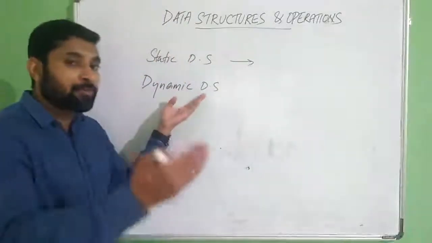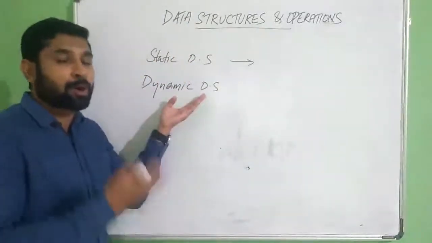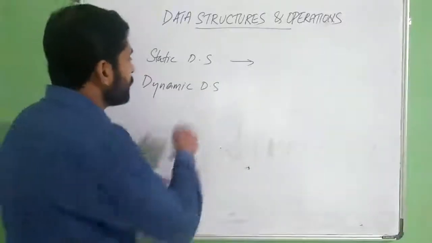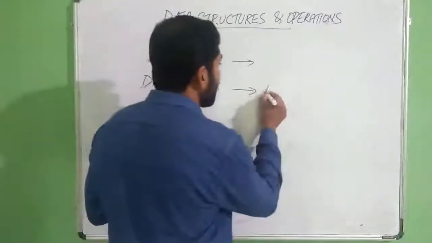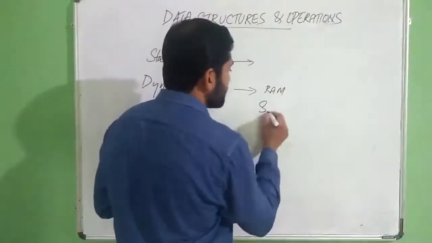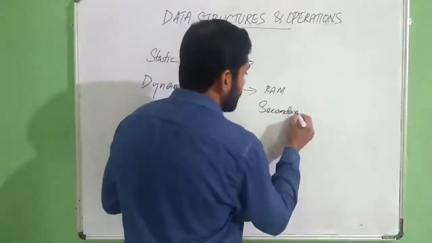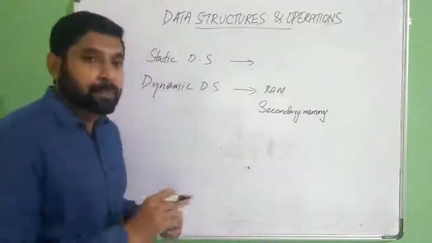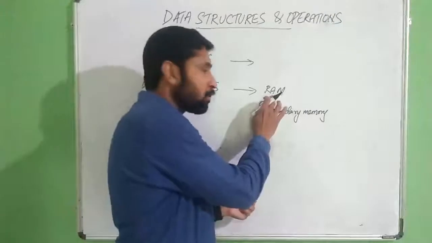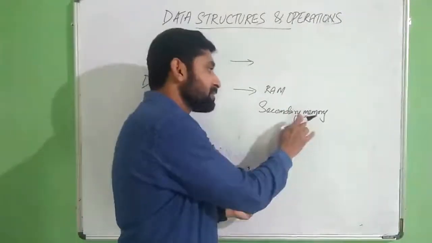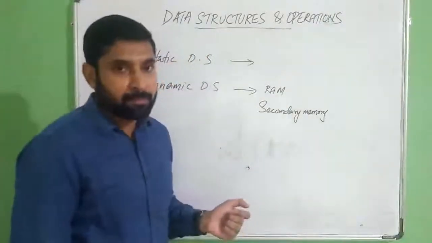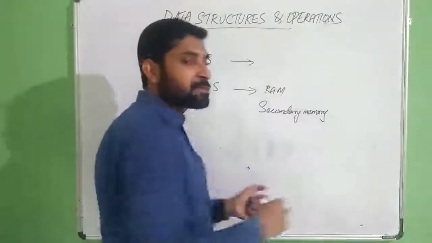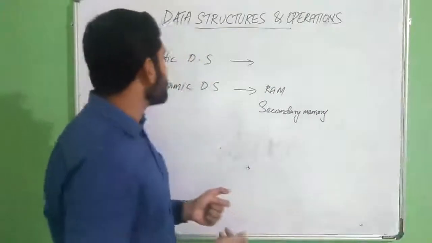So the necessary amount of memory is allocated or reserved as and when it is required. So here we use RAM as well as secondary memory. A dynamic data structure utilizes random access memory or primary memory as well as secondary memory for allocating memory, and this takes place during program execution.